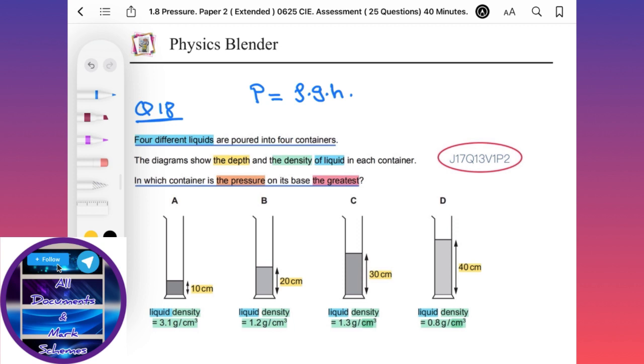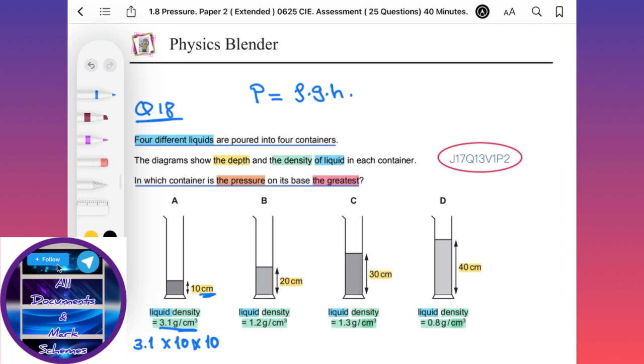You have to substitute and calculate in the first case. So you have consistent units already: depth in centimeters, density in gram per cubic centimeter. When you substitute, density times 10 times depth.